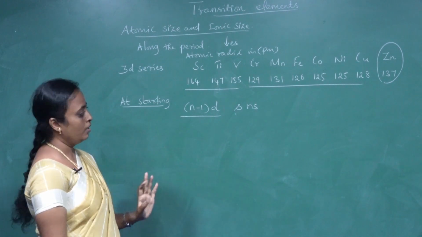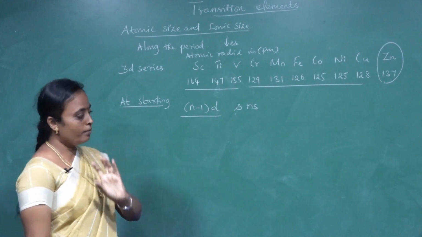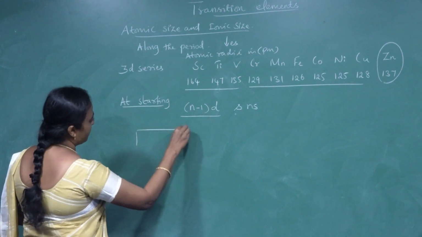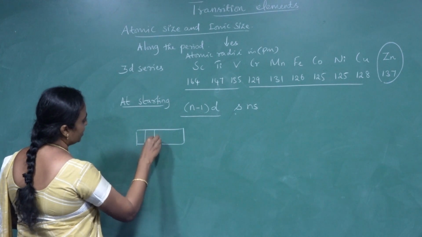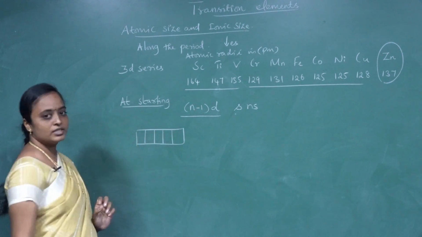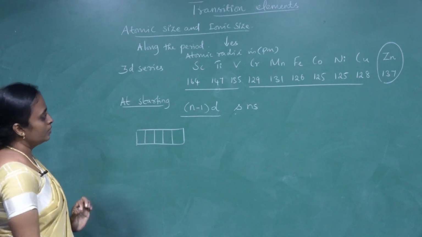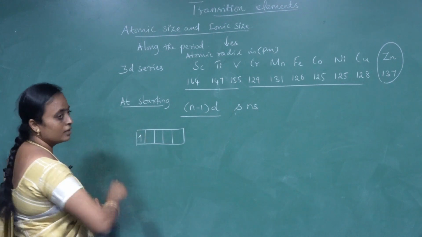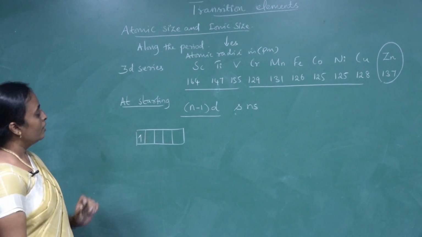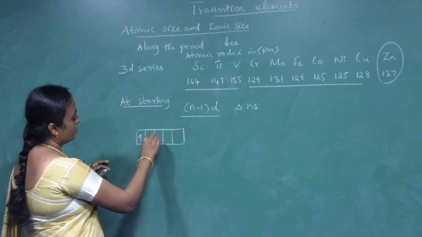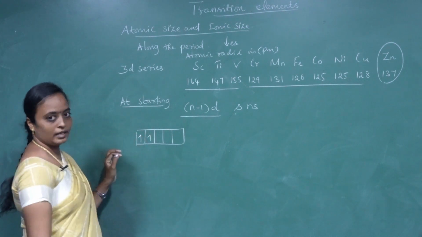There are 5 orientations of the d orbital. For scandium the electron enters the first orbital, for titanium the second electron enters the second.